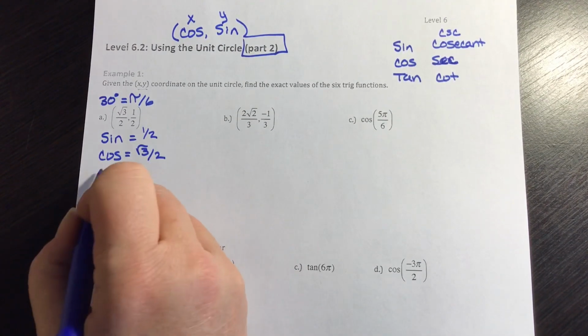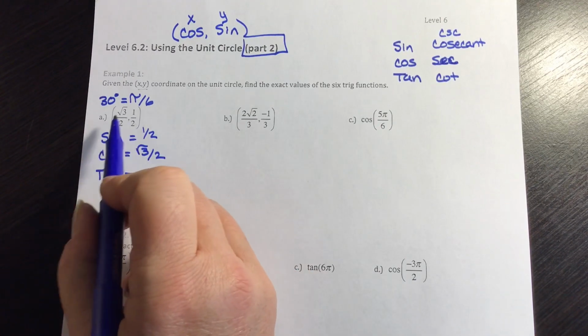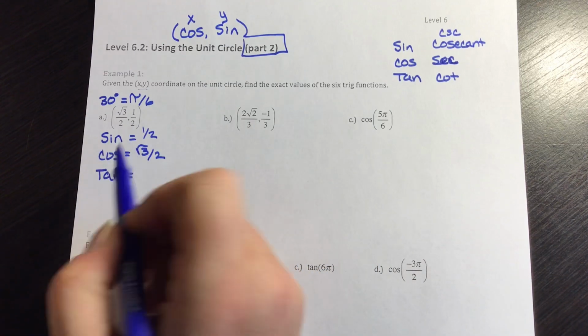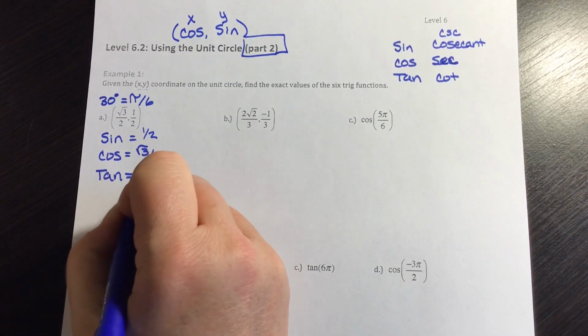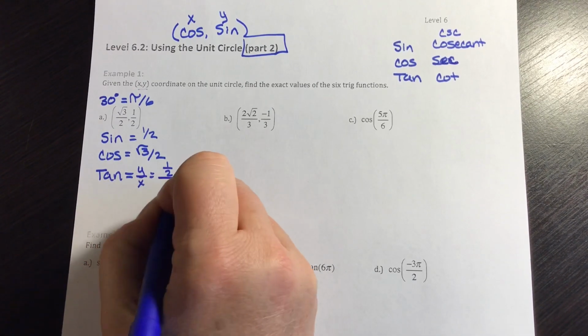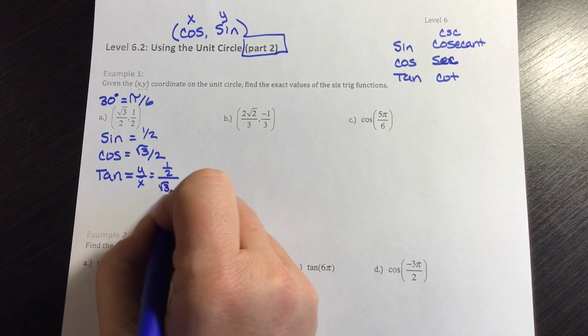Now, tangent is y over x. So this means I have sine over cosine. Sine is 1/2, over my cosine, which is square root of 3 over 2.